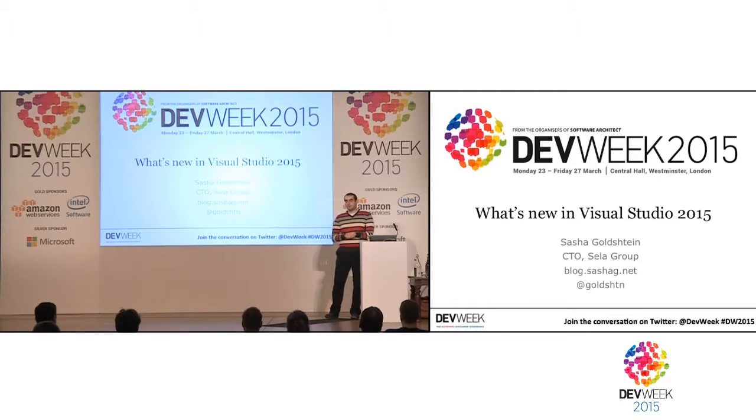So this talk here is going to be about Visual Studio 2015. There are several perspectives from which you could approach this kind of talk. There are so many features that it's simply infeasible to cover everything in just an hour and a half, and also give you some demos, not just show you screenshots. So I'm not going to talk about every single new feature there is in Visual Studio 2015.